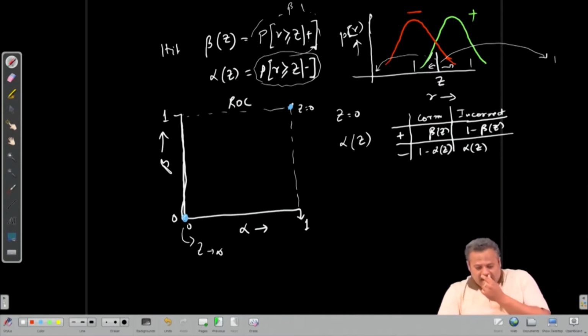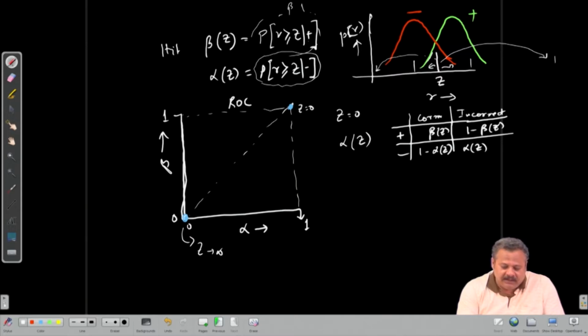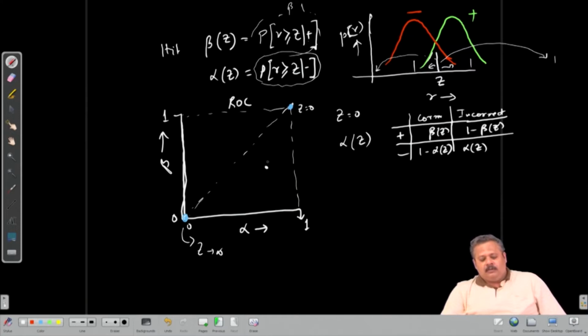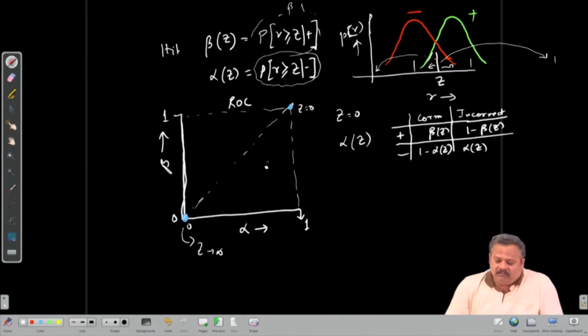Let us ask this question: can we have an alpha and beta combination that is below this diagonal line at this point? What would this suggest? First of all, let us ask what is the probability of correct in this scenario in terms of alpha and beta.